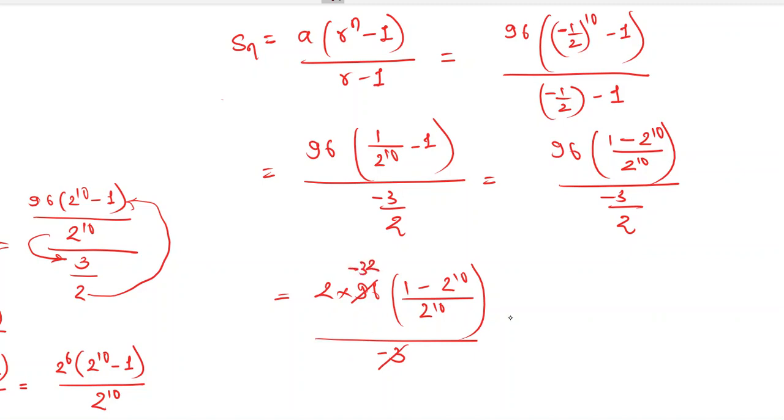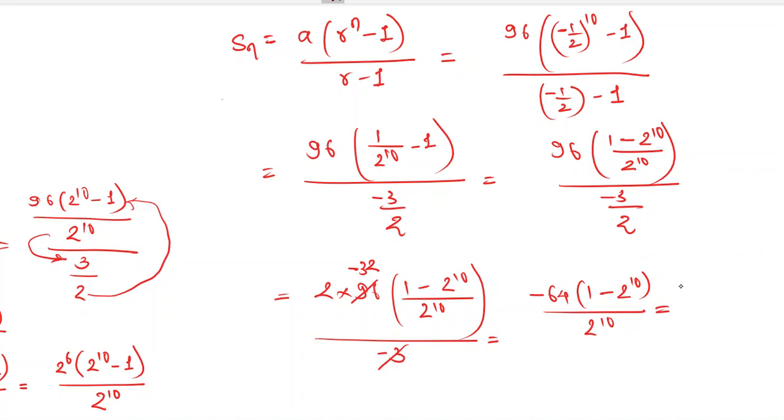Minus 32. Minus 32 into 2 is minus 64 bracket 1 minus 2 raised to 10, the whole upon 2 raised to 10, right? So what is minus 64? Minus 64 is minus of 2 raised to 6.